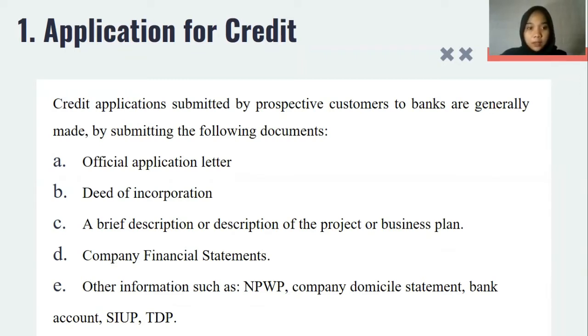B. Deed of incorporation. Brief description of the project or business plan. C. Company financial statement. E. Other information such as NPWP, company domicile statement, bank account, SIUP, and TDP.